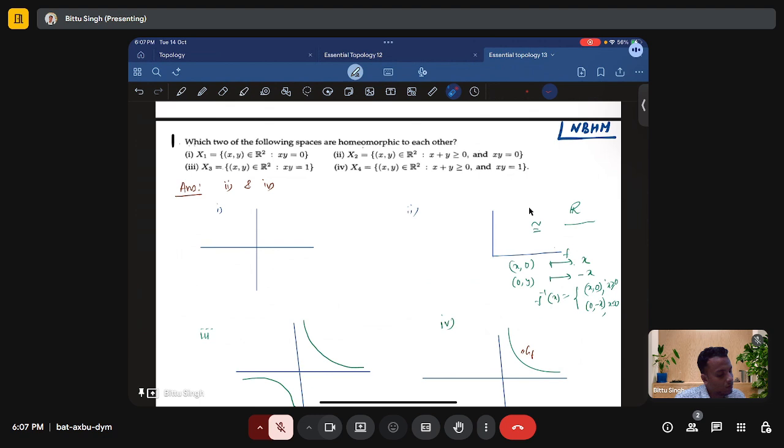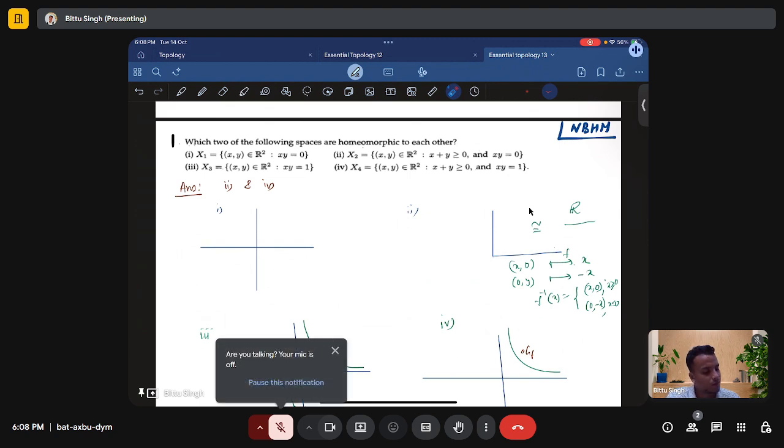Similarly, if we remove any point, there will be two connected components. And 3 is also not homeomorphic to 2 because it is already disconnected. There are two connected components.